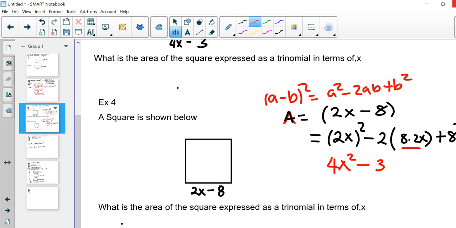And double of that will give me 32x. And then plus 8 squared, which is going to be 64. And then we have our answer. Hope this helps.